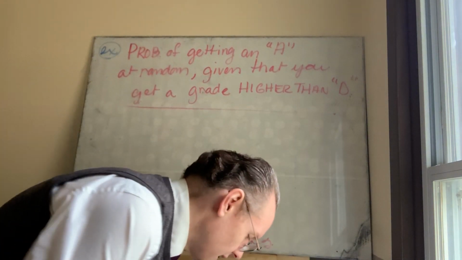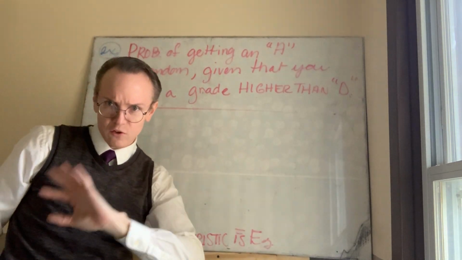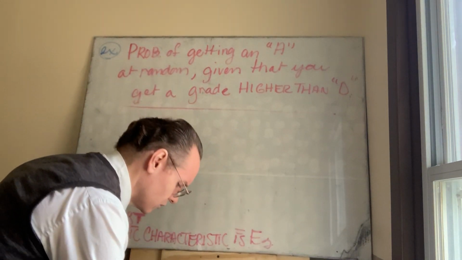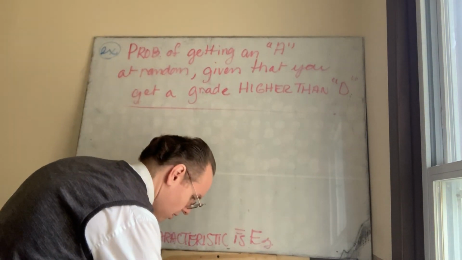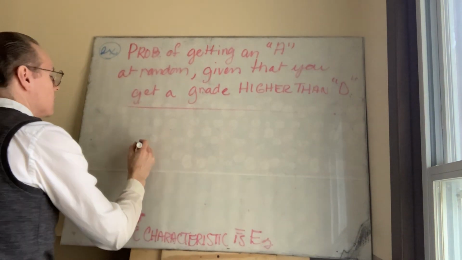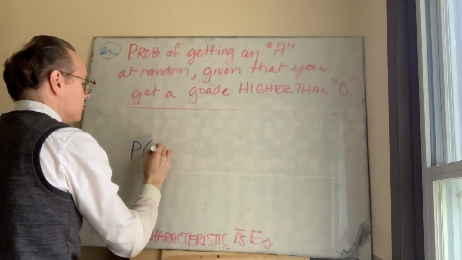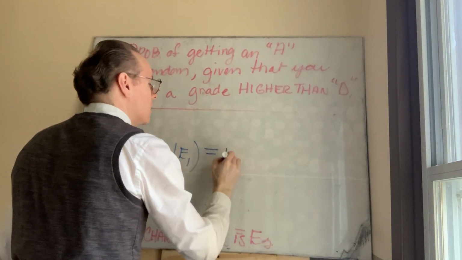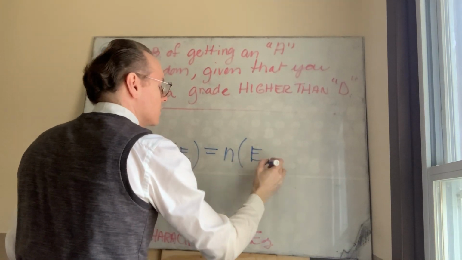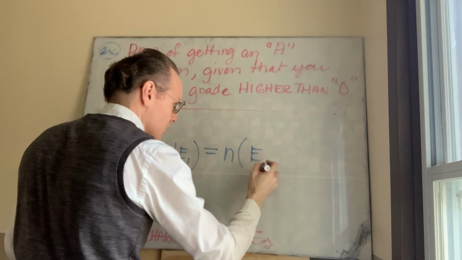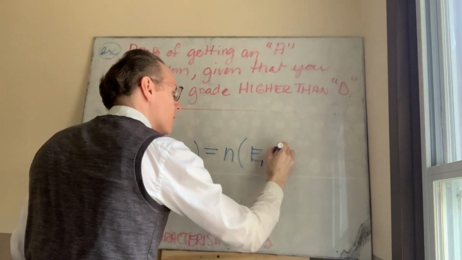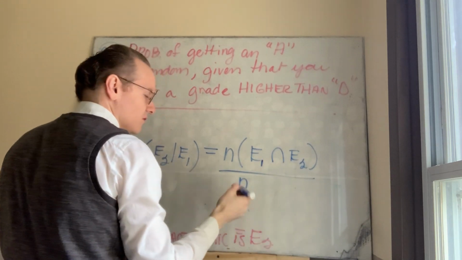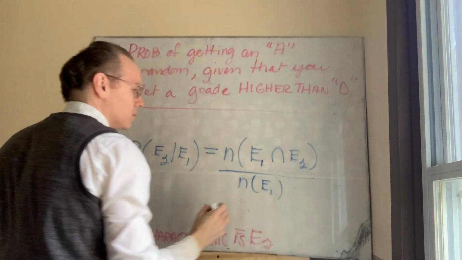Now again, this is kind of nebulous, so let's approach it with strategy. First of all, write the formula. All right, what's the formula again? Let's do this. The probability of event 2 given event 1, I prefer this, is the number of outcomes favorable to the intersection of event 1 and 2 over the number of outcomes favorable to the event of 1 only.